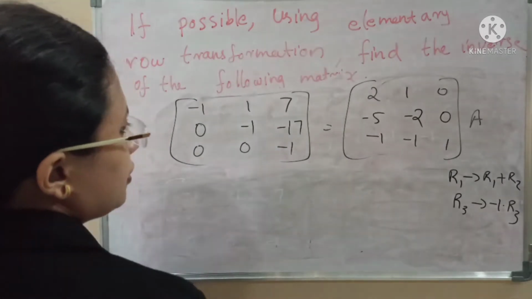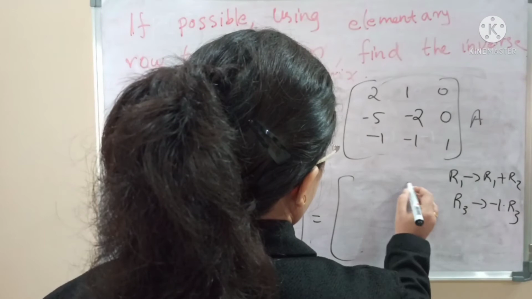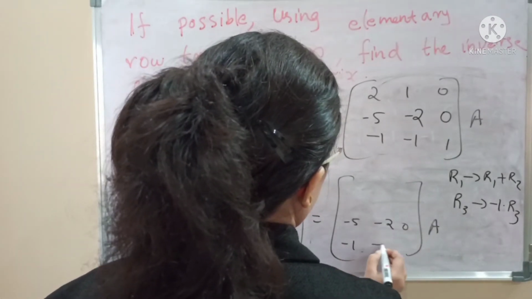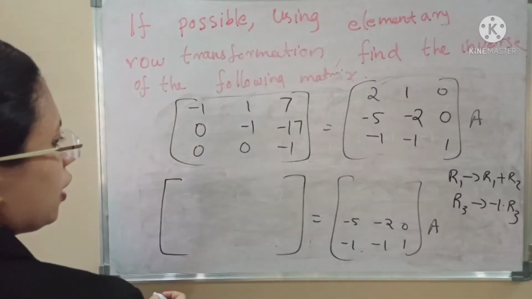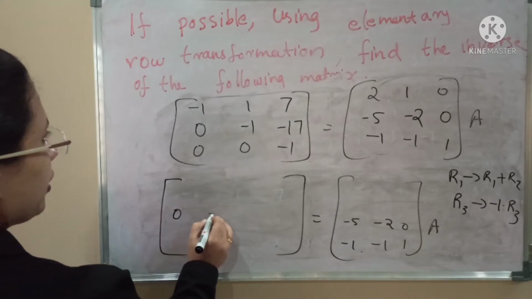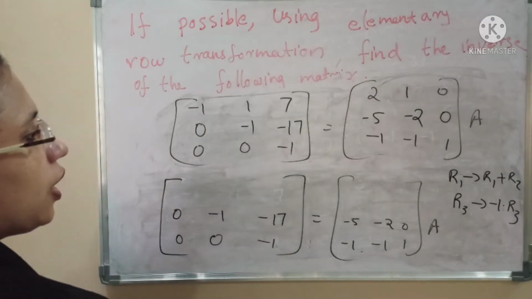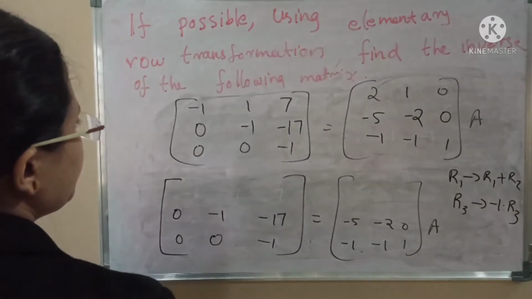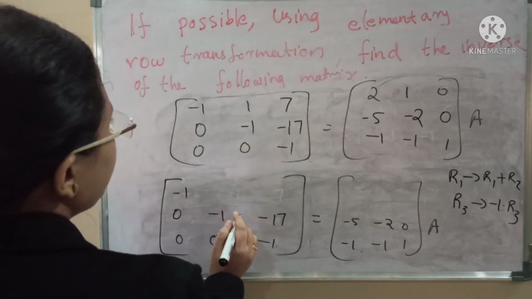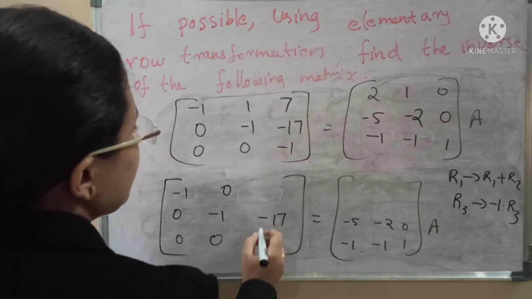So for R1, the first row is going to change. So 0, minus 1, minus 17, 0, 0, minus 1. So R1 to R1 plus R2. So minus 1 plus 0, minus 1. 1 plus minus 1, 0. 7 plus minus 17, minus 10.